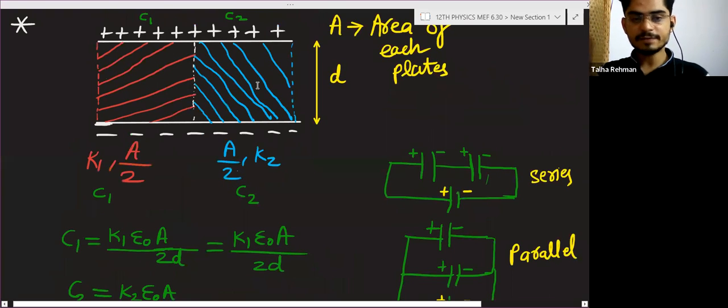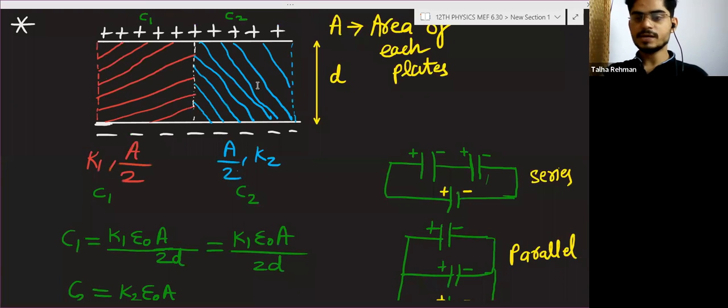If area divides, then the combination is parallel combination.